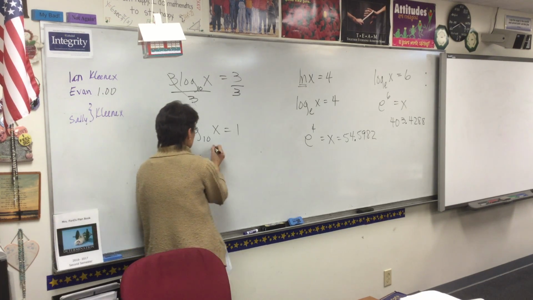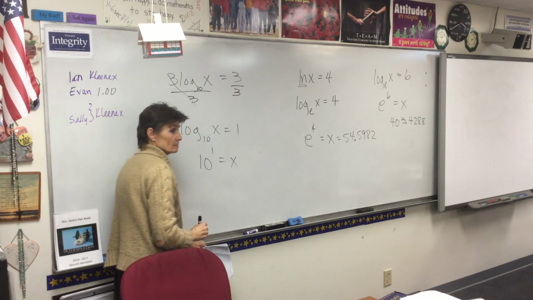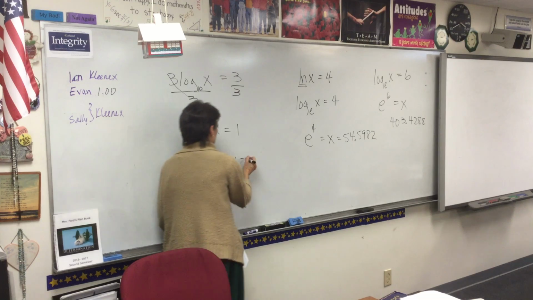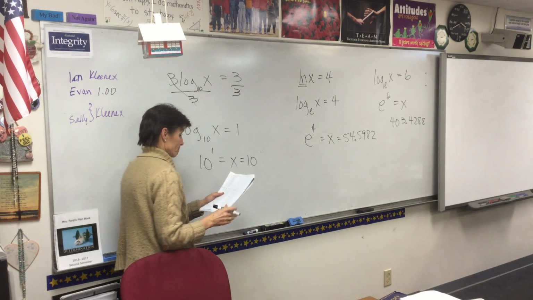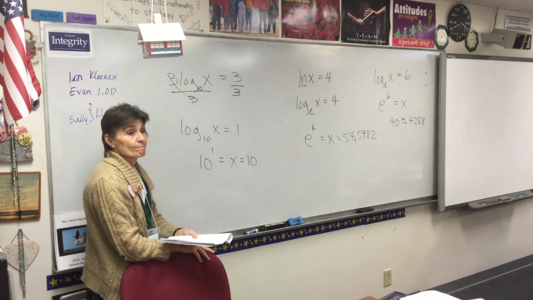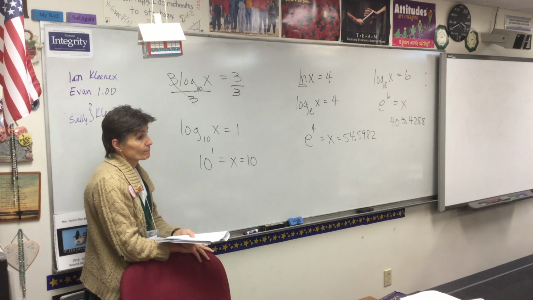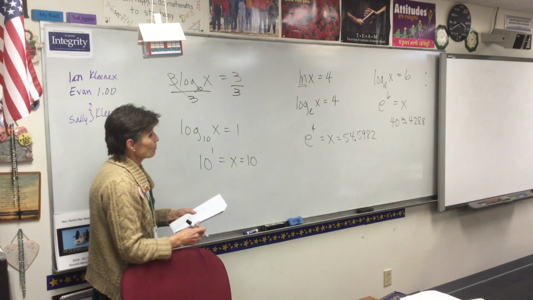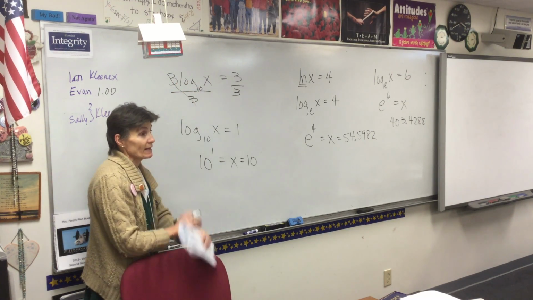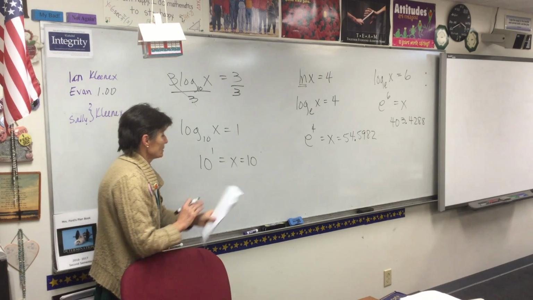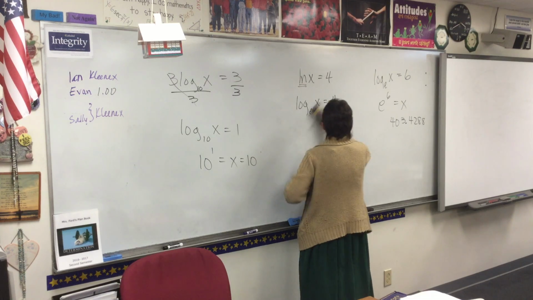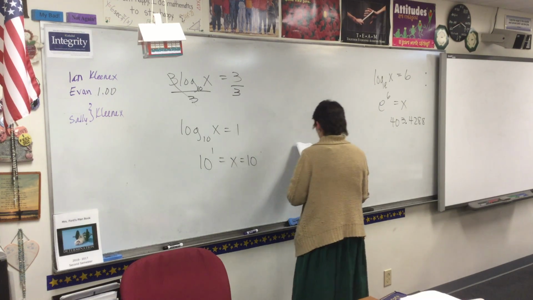So 10 to the 1st equals x. So the answer is just 10. What if you didn't divide by 3? Then you would have to know your property of logarithms. It says that's really an exponent, so I'd rather you just divide it by 3. If we have an equation, let's divide to get our variable by itself if you can at all.